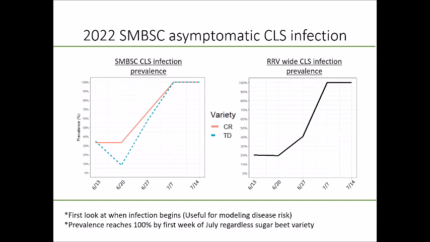It also gives us a really useful time point for the start of latent infection and that time span between latent infection and first spots in the field. So now we can focus on knowing that we have infection, and then what environmental conditions are actually predictive of disease lesions in the field.